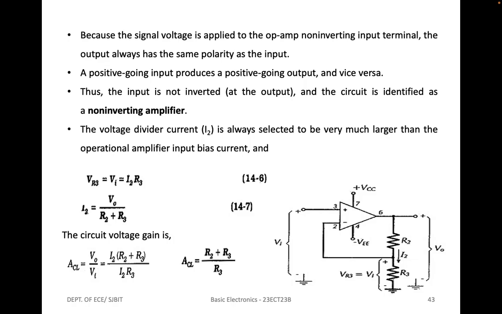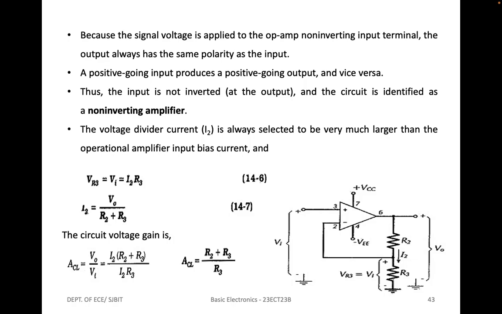Because the signal voltage is applied to the op-amp non-inverting input terminal, the output always has the same polarity as the input. A positive going input produces a positive going output and vice versa. Thus, the input is not inverted and the circuit is identified as a non-inverting amplifier.